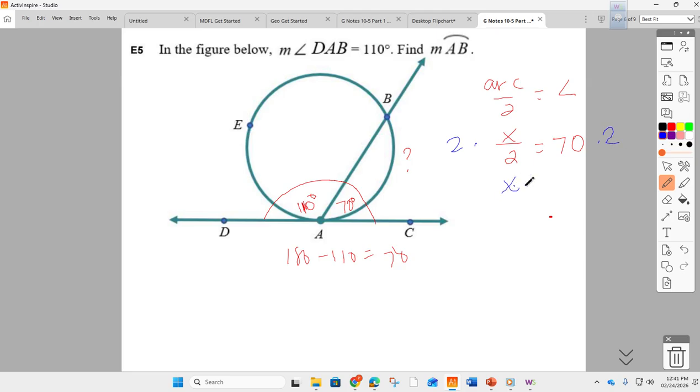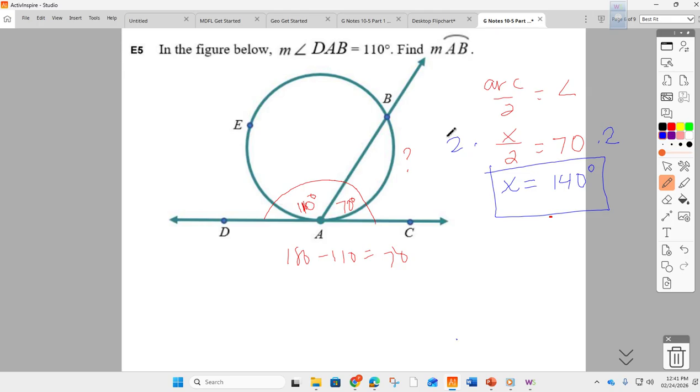Now we know what we have named x, which is arc AB, is 140 degrees. So the formula looks like it solves for the angle, but we can use it to find the arc and vice versa, right? Just like all the other rules we've learned. Any questions?